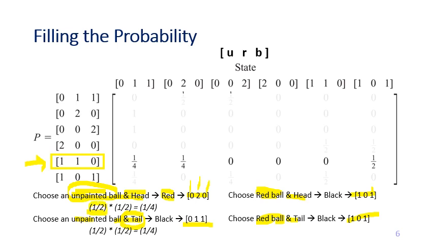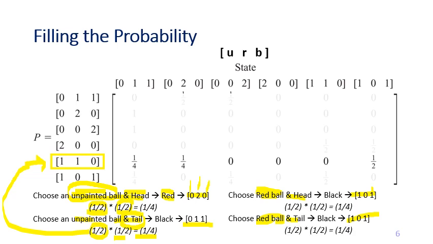And then obtaining the coin showing head is also 1/2. So the total probability for this event is 1/4. Same here, choosing an unpainted ball from this condition 110 is 1/2, and then the coin shows tail is also 1/2. So the total probability for this event is 1/4.